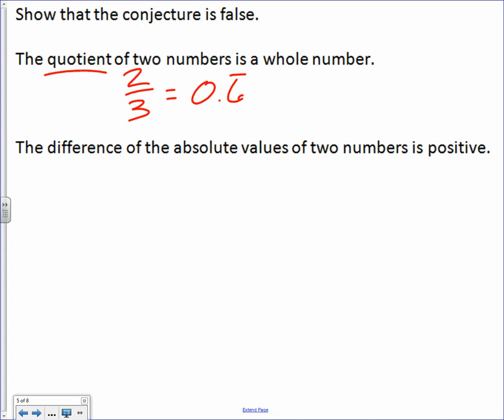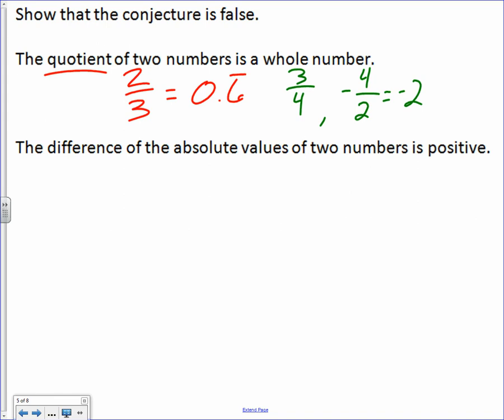Now, that's not to say that everybody in the class has to have 2/3 as their answer, right? Somebody else could say, well, if you take 3 divided by 4, you also don't get a whole number. Or any two numbers, well, even -4 over 2, well, that's -2, and -2 is not a whole number. It's an integer, but it's not a whole number.